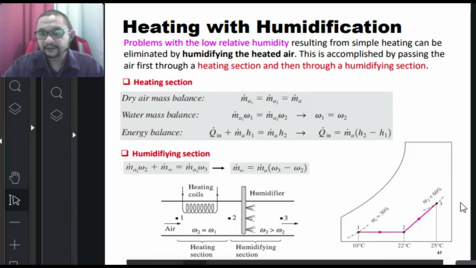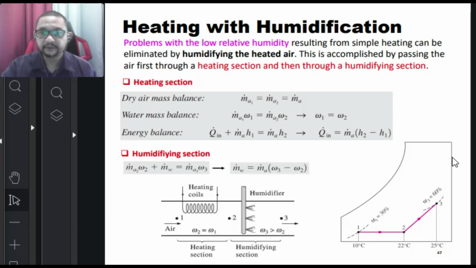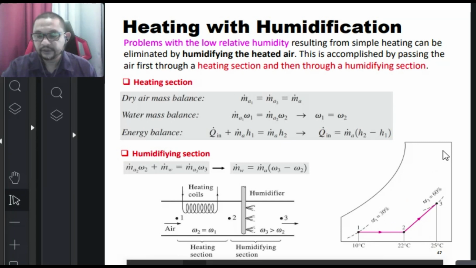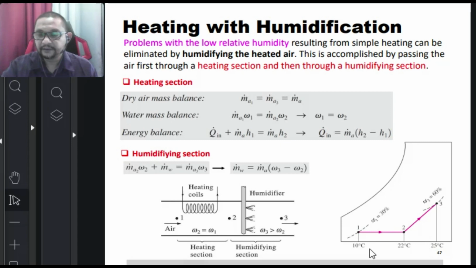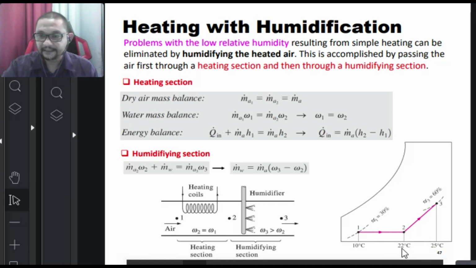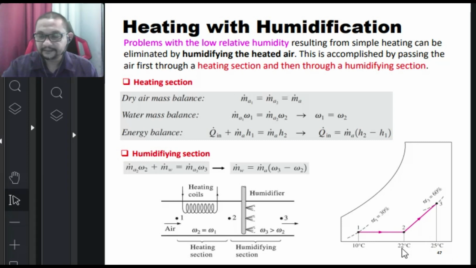This is the psychrometric chart that shows how the process occurs. First, from state 1 to state 2, the air goes through the heating coil and the temperature increases to T2, but omega 1 is equal to omega 2, meaning constant specific humidity.